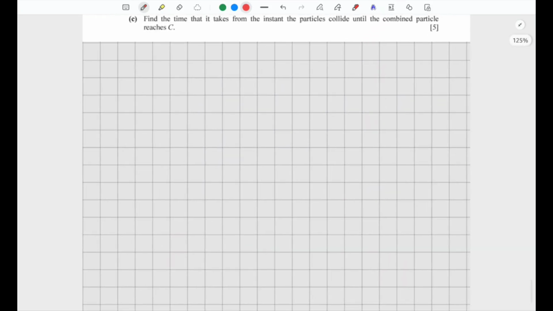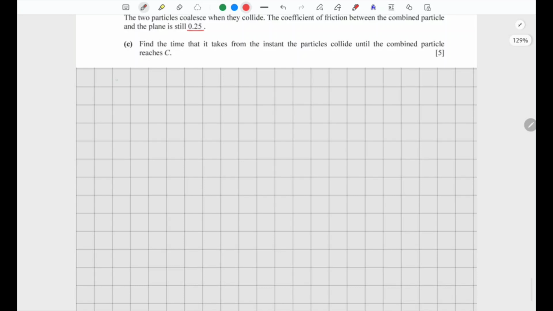Again apply S equals UT plus half AT square. So for the next 0.5 seconds, the distance covered is given by S equals UT plus half AT square.